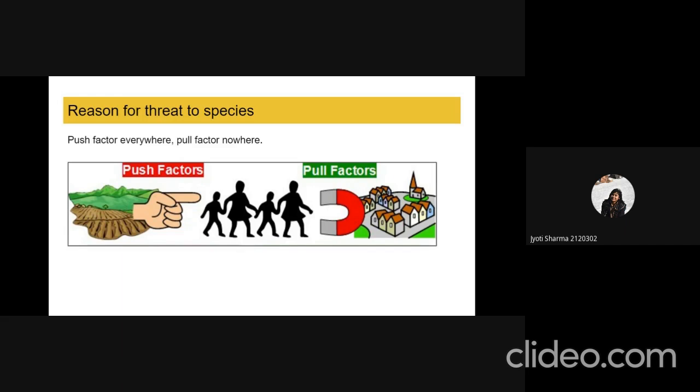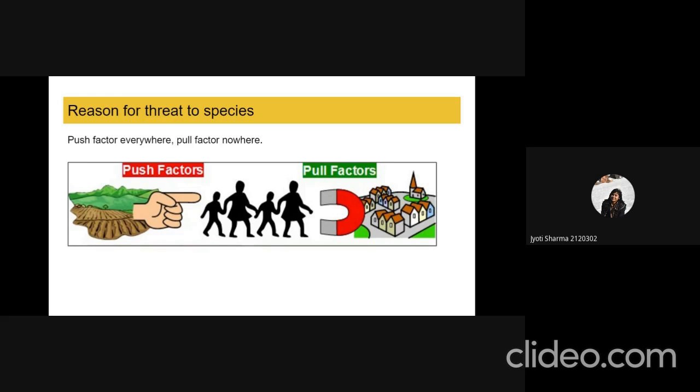Okay, so we have two factors, push factor and pull factor. But because it is a threat to the species, and threat means it is impacting the species in a very negative way, we will talk only about the push factor, because these are the factors that are pushing the species away from their natural habitat.